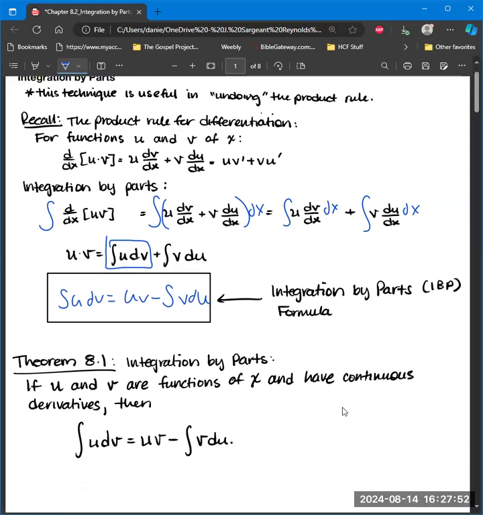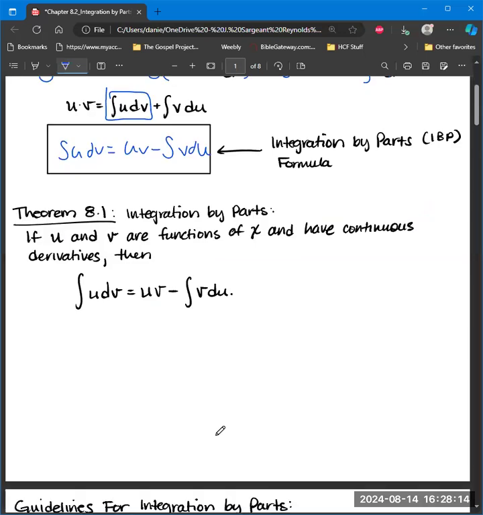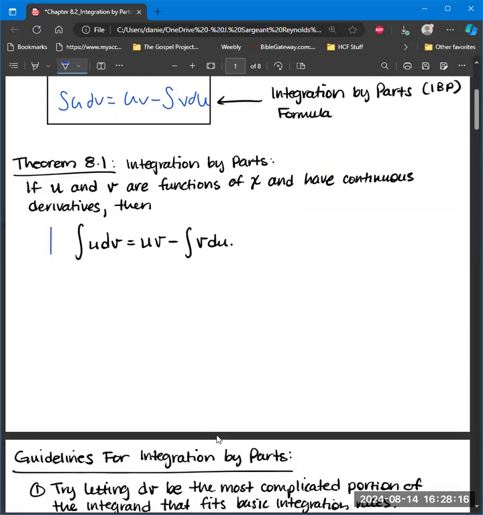Just memorize this. There's the reasoning behind it, and we want u dv to solve for it, so it's going to be uv minus the integral of v du. There it is, right there. Memorize.